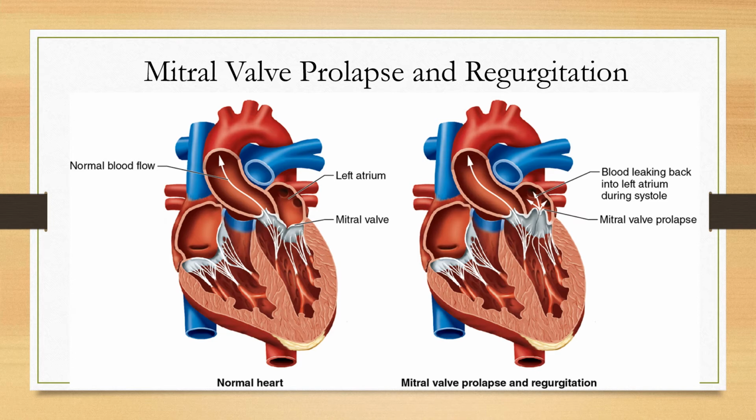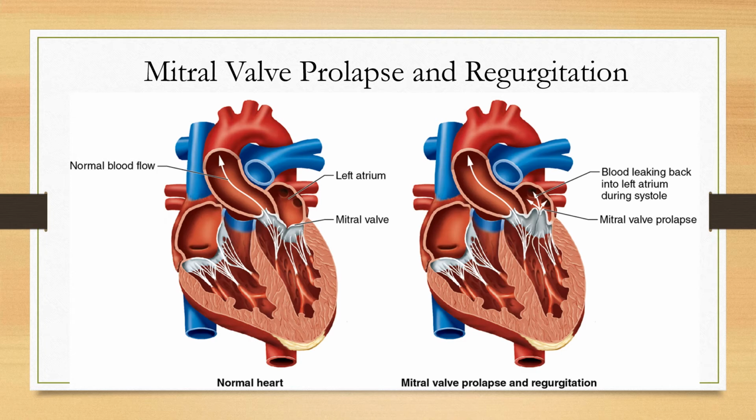So mitral valve prolapse and regurgitation. We had talked about that mitral valve previously, separating between the left atrium and the left ventricle. Okay, so if that valve prolapses, how blood is actually able to move is it's all about a pressure gradient. Okay, so when this mitral valve closes, the left ventricle squeezes enough to overcome the pressure gradient, pop open the aortic valve, I'm sorry, and then push the blood out through the aorta.